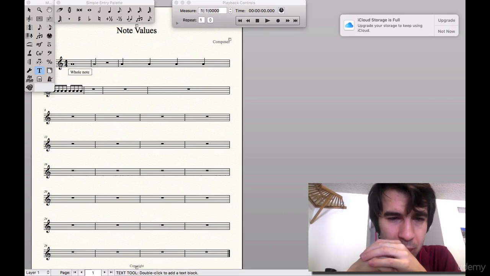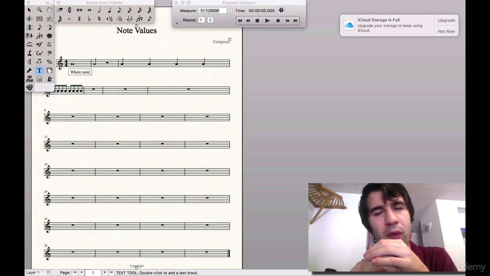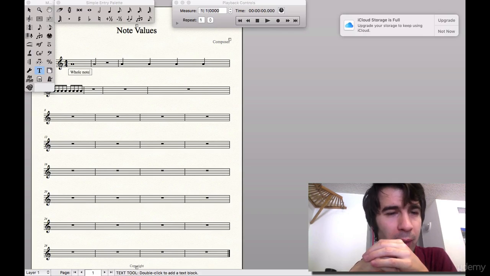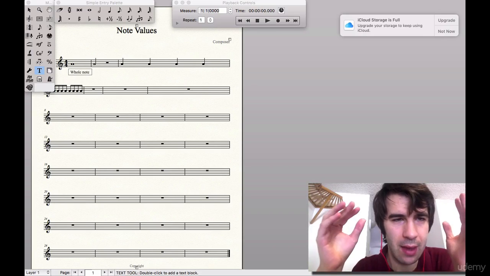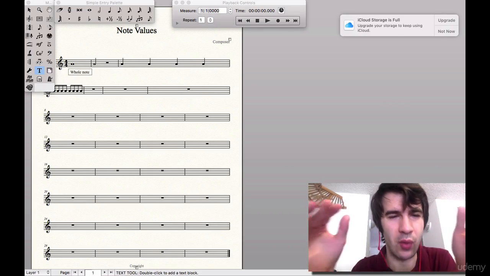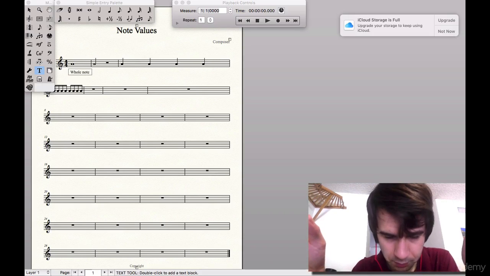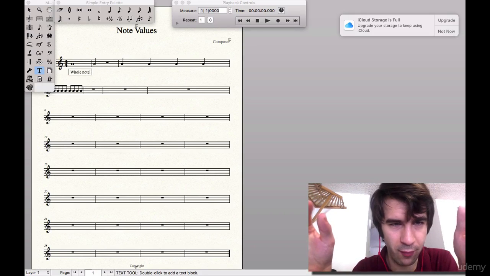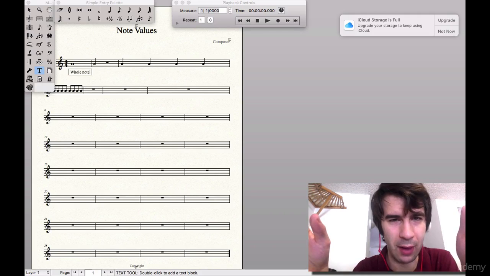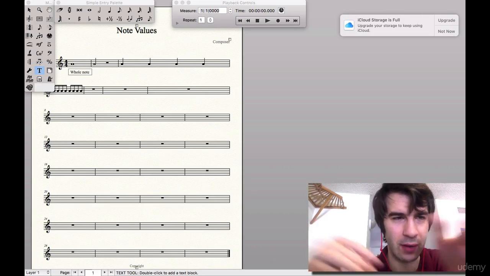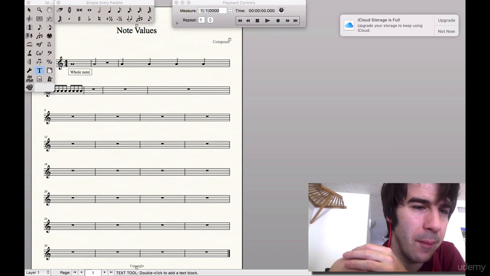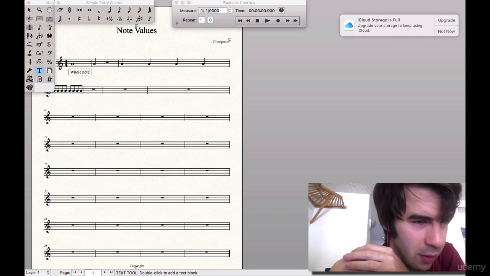Well, in time signature land, which is another subject of this course that we will get to in a little bit, time signature is what governs the ebb and flow of the amount of beats in a particular measure and what note value gets the beat. The top number of the time signature tells you how many beats are in the measure.